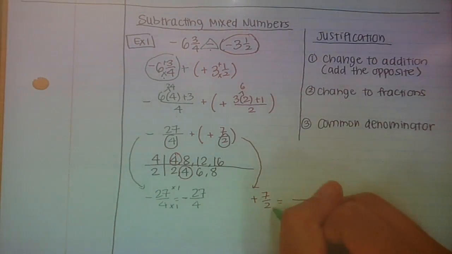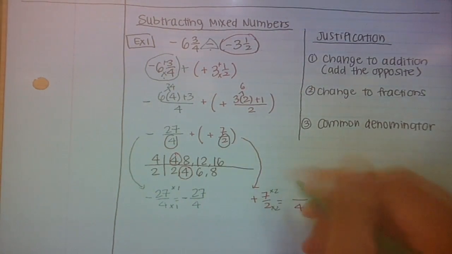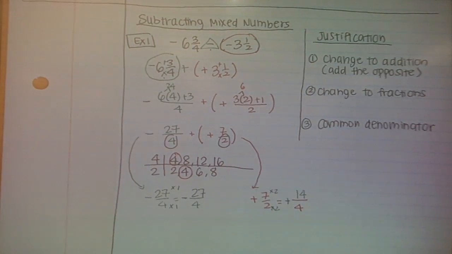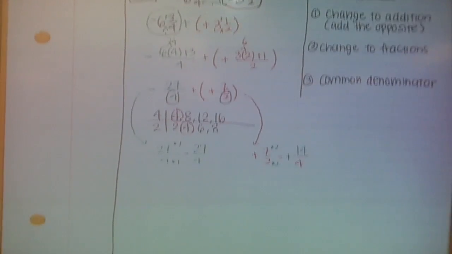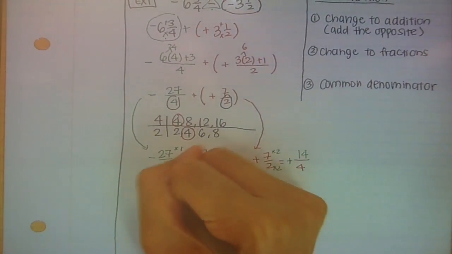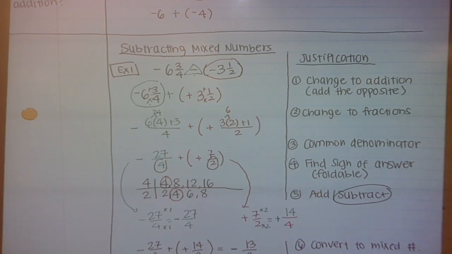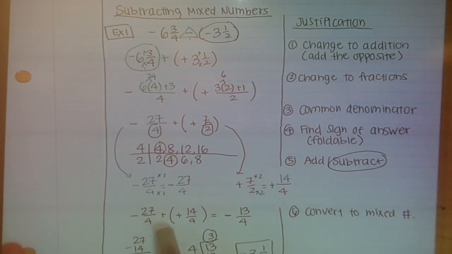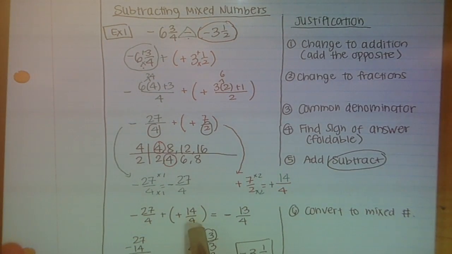Then I do 2 times 2 is 4, 7 times 2 is 14, and this is positive, so this one is positive. So now I have two new fractions. My two new fractions are negative 27 fourths plus a positive 14 over 4.